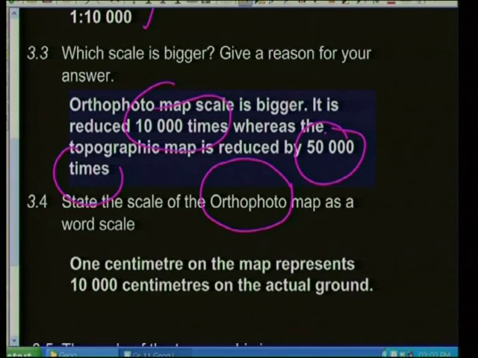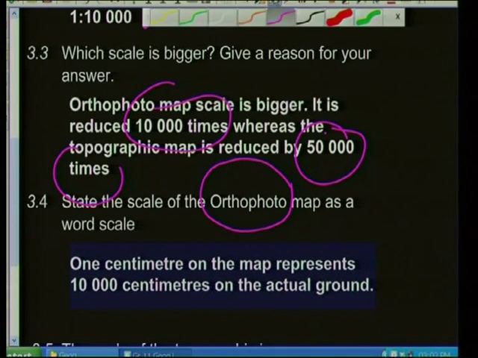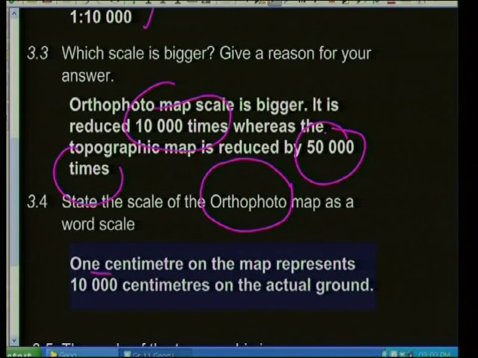As a word scale would be 1 centimeter on the map represents 10,000 centimeters on the actual ground or in reality. People, I know this is a simple thing, the scale, but the scale is involved in so many calculations. And if we don't know the scale, we could get so many things wrong in the map work.